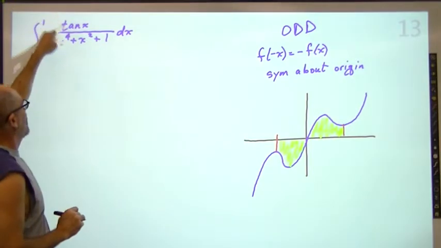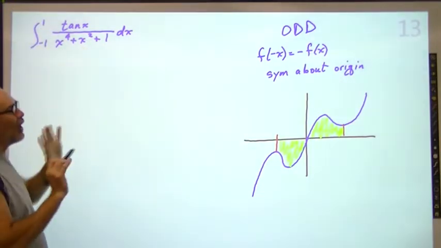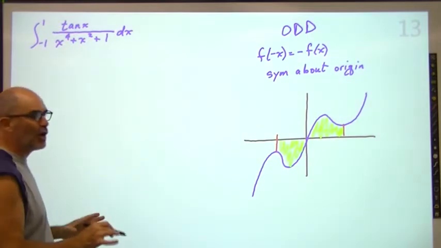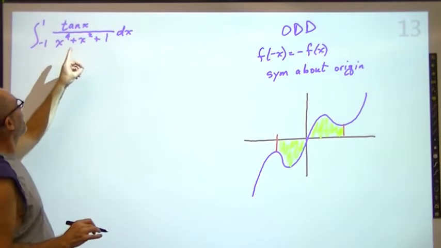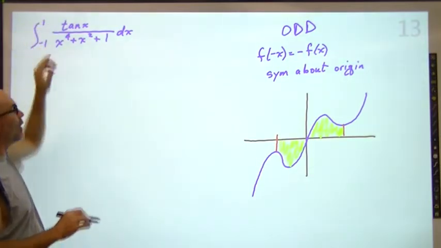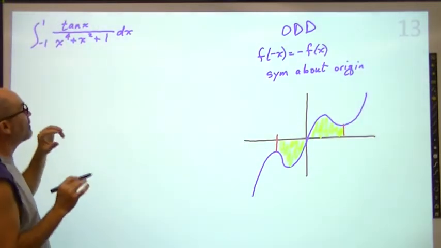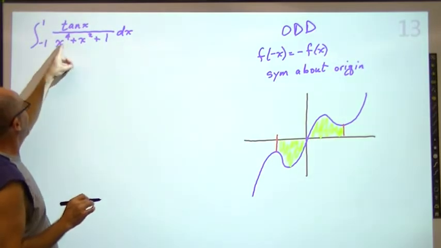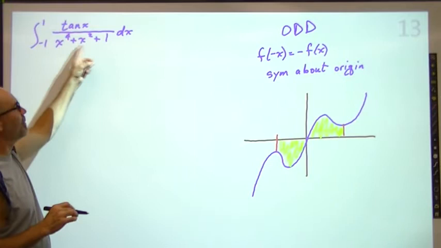I've got an integral that I can't possibly even perform. There's no possible technique that you know of to do this. And then you look and you go, oh, it's from negative 1 to 1. Okay, so there's some symmetry there possibly. Then you say, well, if I put a negative in to the fourth, to the second, those stay positive.